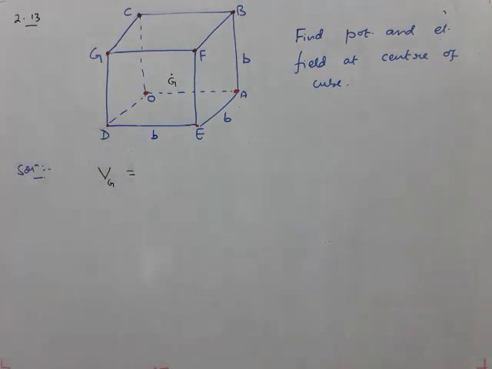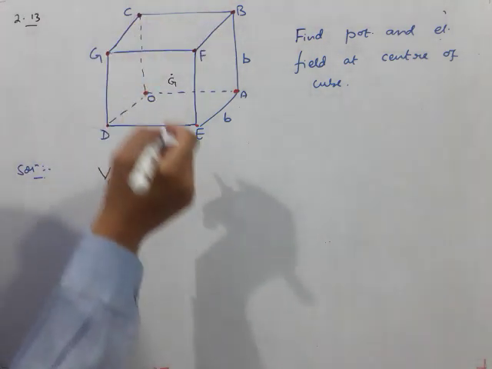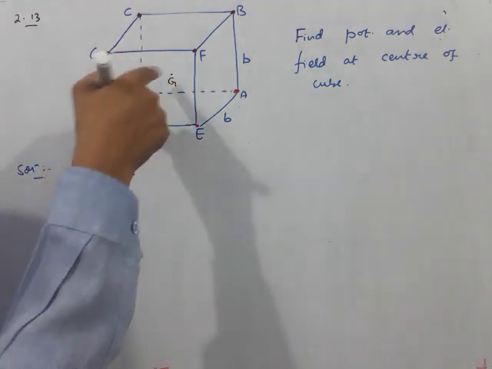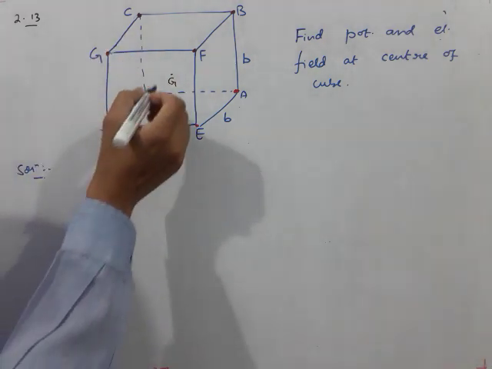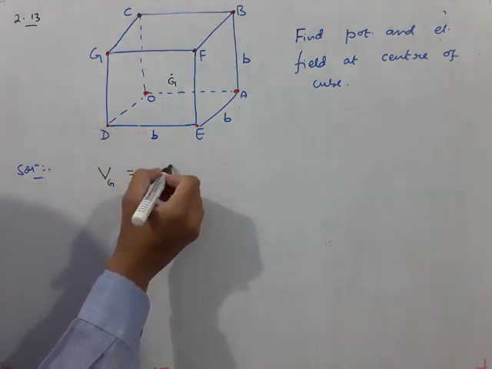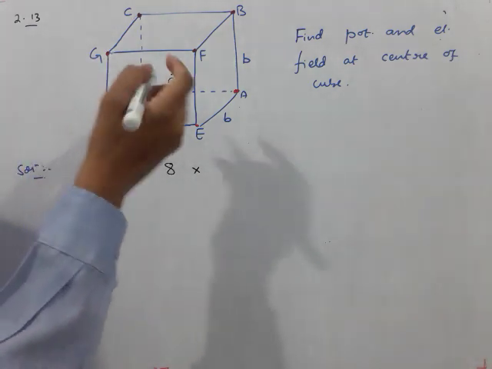Now potential is a scalar quantity. So potential at the center is sum of potentials due to all the individual charges. Now all those charges are at same distance from G. Therefore I can multiply 8 to the potential at G due to any one charge.